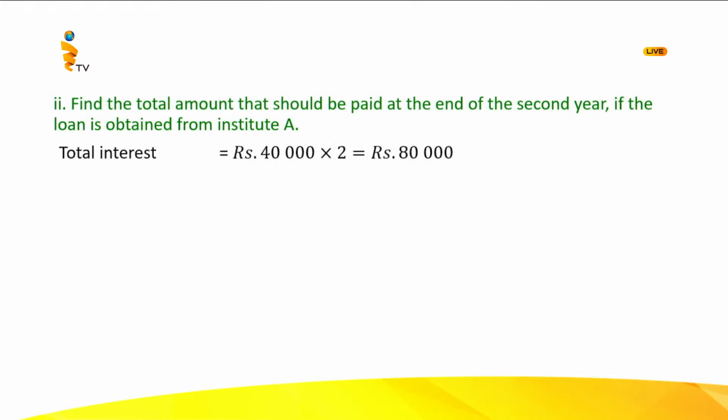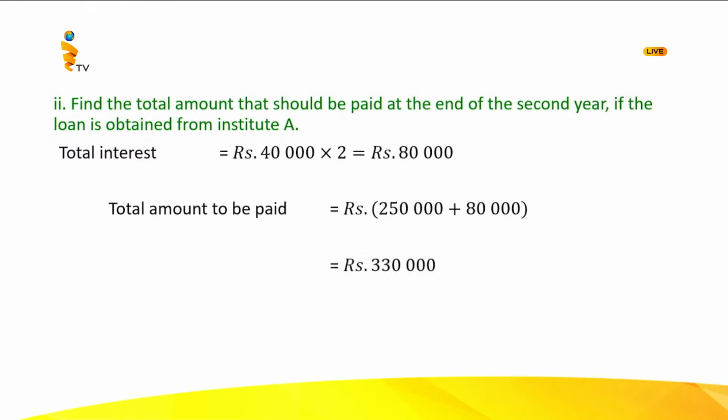To settle the loan, you have to pay the loan amount along with this interest. So the total amount will be 330,000 rupees.